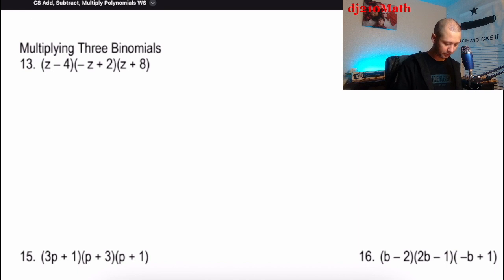So I'll do the second set. So negative z times z, negative z squared. Again, I strike my z's because my z's and my 2's look alike. So if I strike my z, I know it's a z.